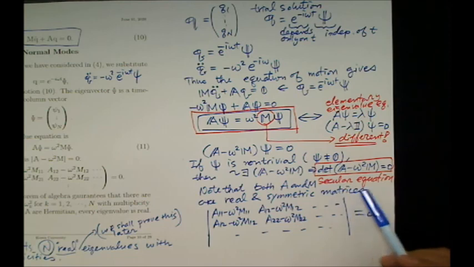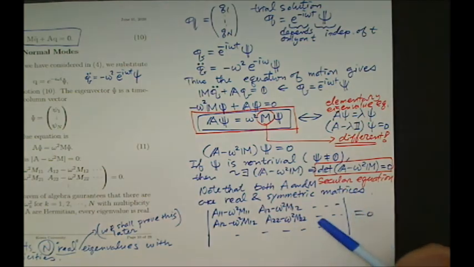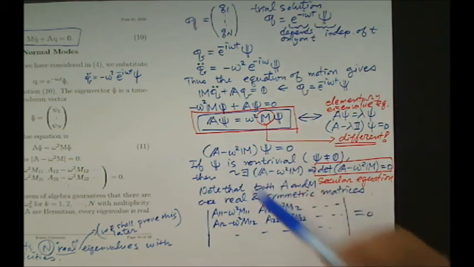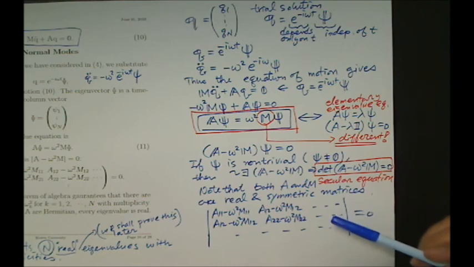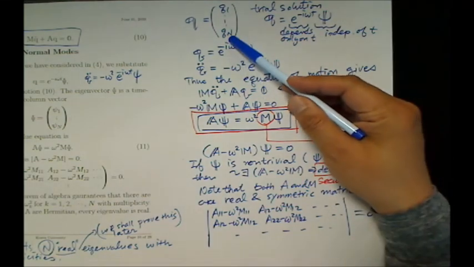Again, this is a secular equation. And the fundamental theorem of algebra states that the determinant of this n by n matrix must be a polynomial of degree n. Therefore, the number of solutions for these eigenvalues is n, where n is given in here.